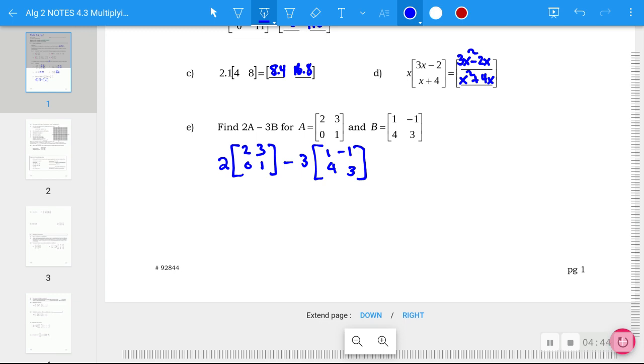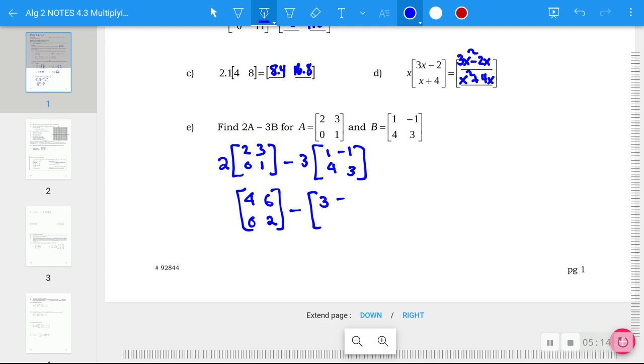Okay, 2 times the first one is going to be 4, 6, 0, 2. So that little 2 by 2 becomes a new 2 by 2 matrix that has elements that are twice as big. And you want to keep the minus sign there and multiply by 3 instead of thinking of it as negative 3. So 3 times 1 is 3.